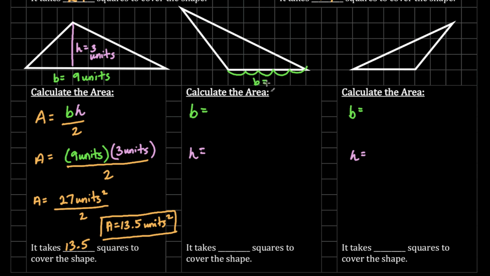So the base is 5 units. And over here, the base is 4 units long.